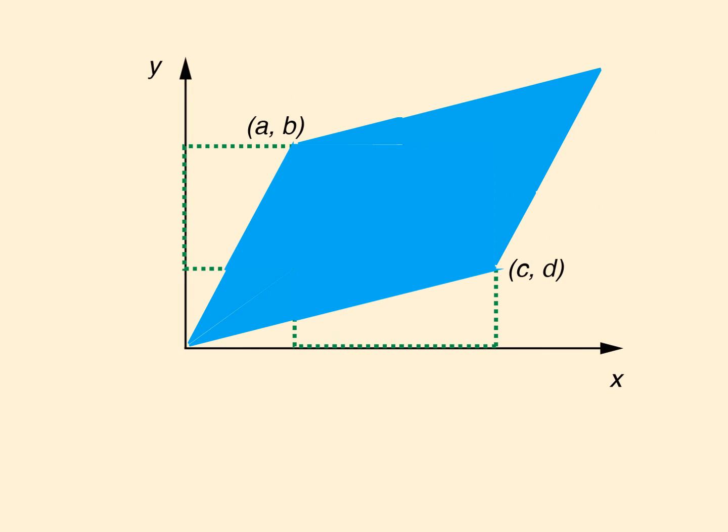It takes a parallelogram with corners at CD and AB, and by moving parts of this parallelogram around, we can show that it is equal to the difference of two rectangles. So let's have a look at this.